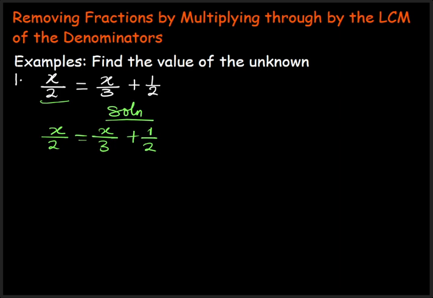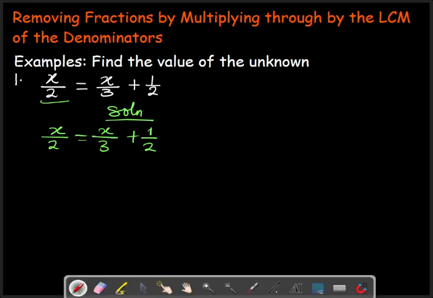Now, what are the denominators? The easiest way to clear fractions is multiplying each of the fractions by the LCM of the denominators. So our denominators, if we check, we're having 2, 3, and 2.